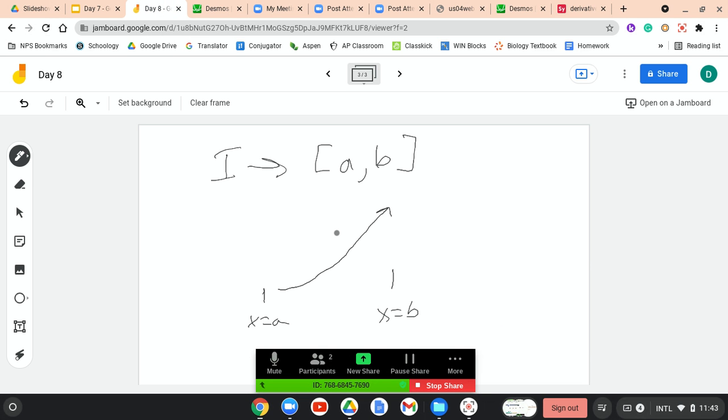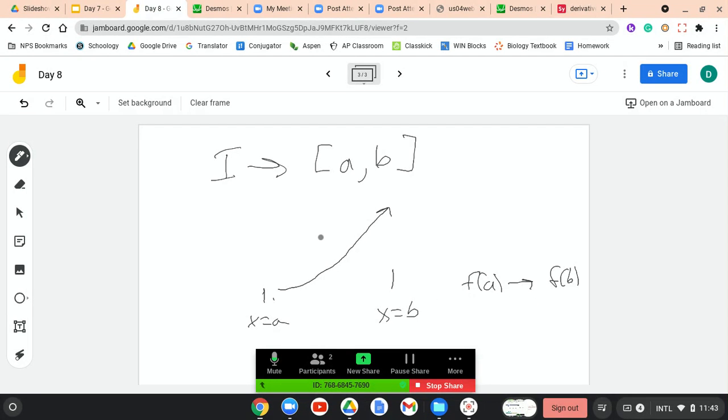And the reason we say f of I is because remember the inverse function takes outputs of the original function as inputs. So the inputs of the inverse would be f of A to f of B. Does that make sense?